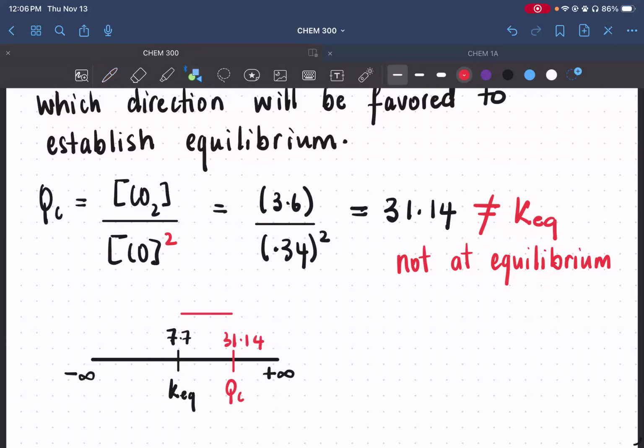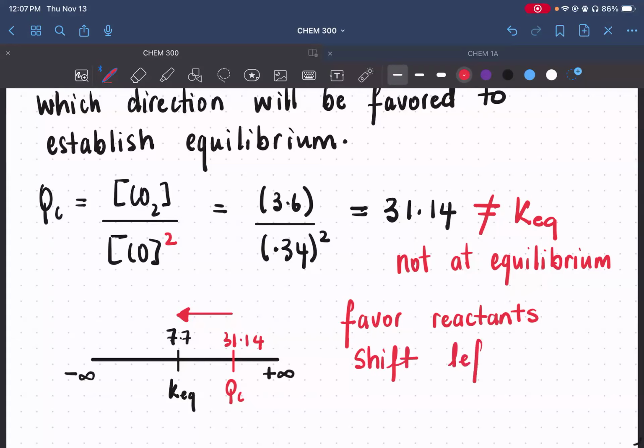The tool tells me visually, beyond a doubt, to get to equilibrium, we're going to favor the left. In other words, we are going to favor the reactants. You can also say that it will shift left. And of course, just writing the arrow also works. Three different ways to tell me the exact same answer.